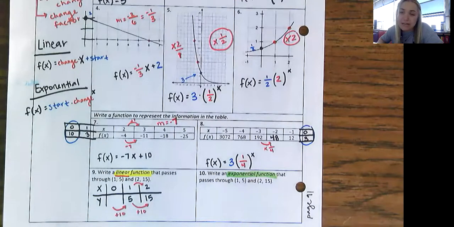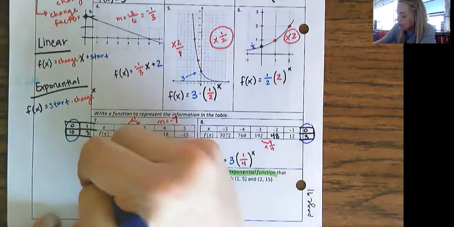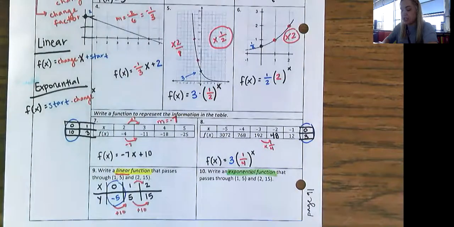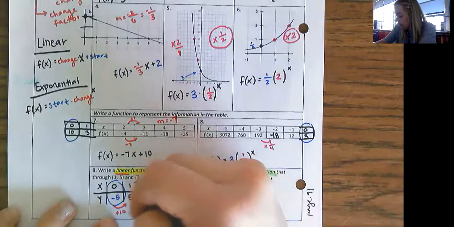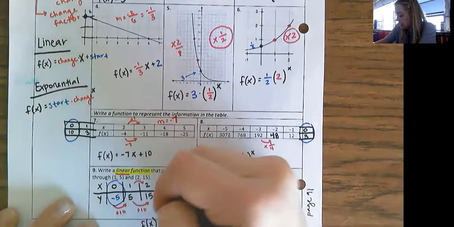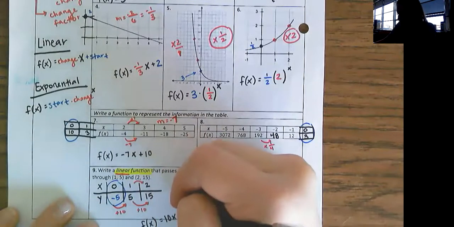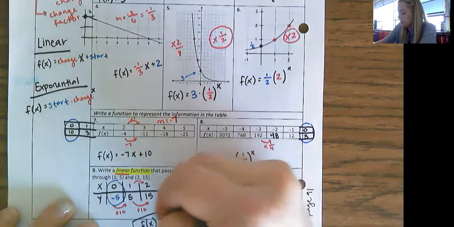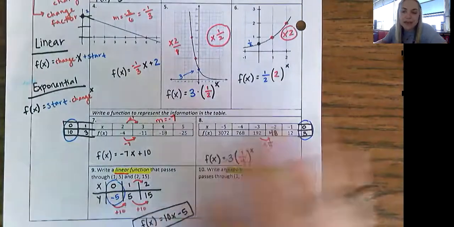That would help you get to that blank. 5 minus 10 would be negative 5. So ninth graders, there's my start, and this is my change. This is a linear equation, so I'm going to do the change times x plus the start. F of x equals 10x. I could say plus negative 5, but I'm just going to write minus 5. There you go. There you have it.